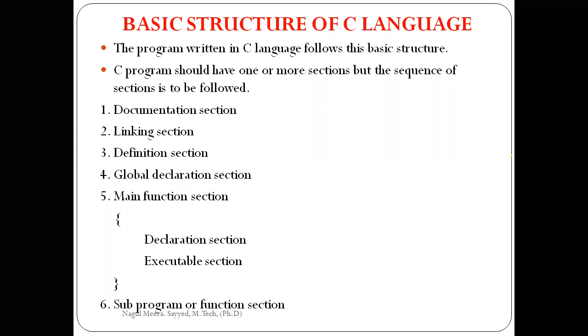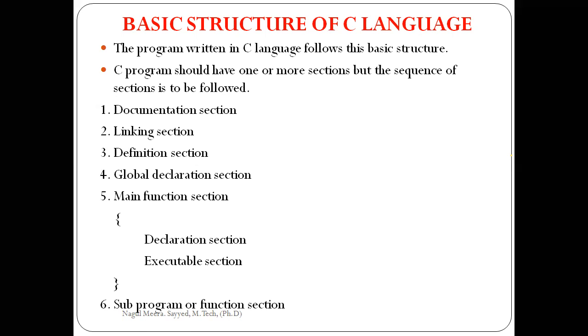After the linking section, the next section is the definition section. Next one, the global variable declaration section, or simply the global declaration section. After the global declaration section, the main important section is the main function section.